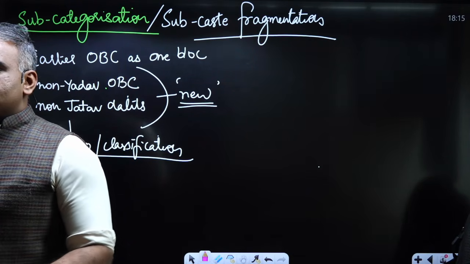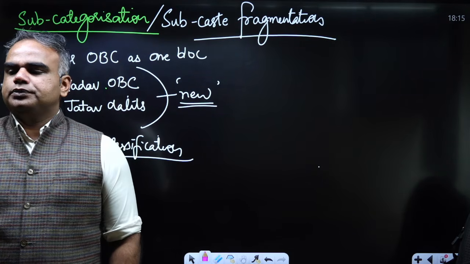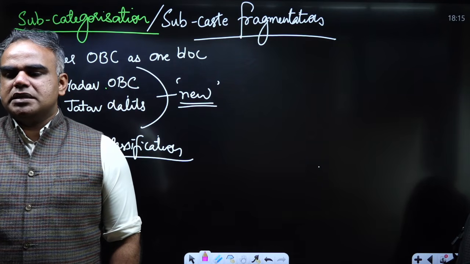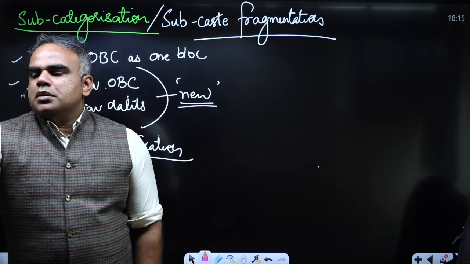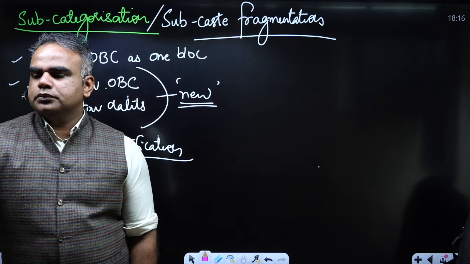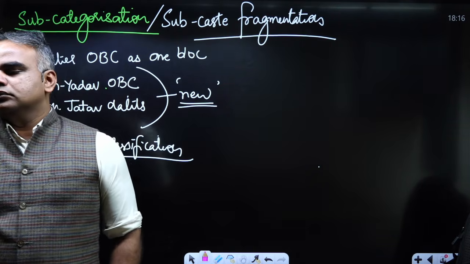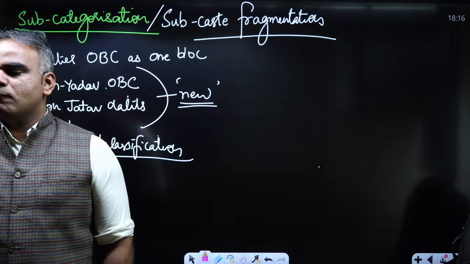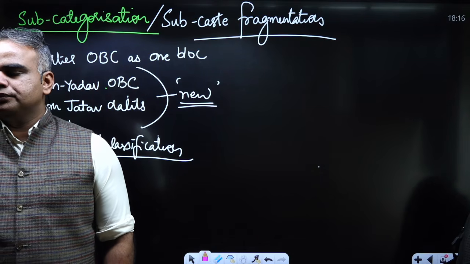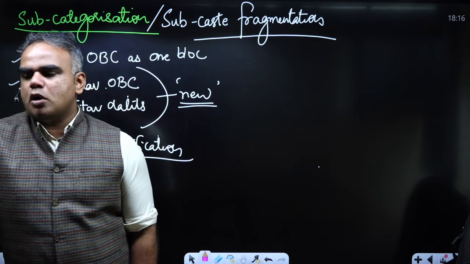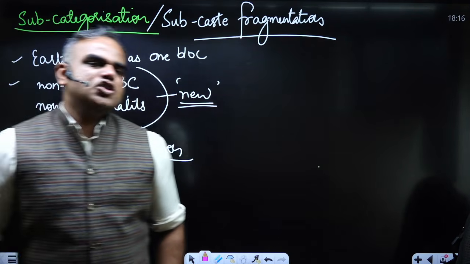Today, parties increasingly target subgroups such as non-dominant OBCs, most backward classes, MBCs, and non-Jatav Dalits.